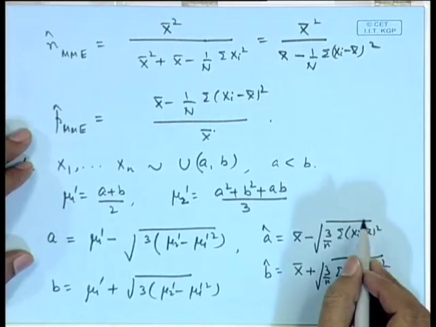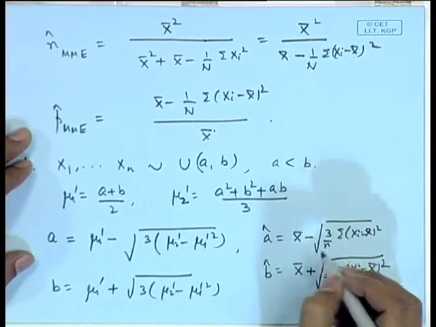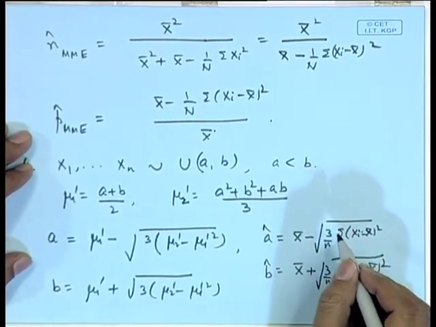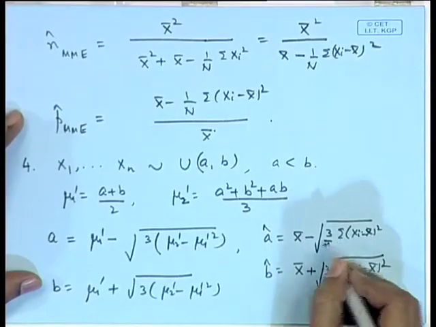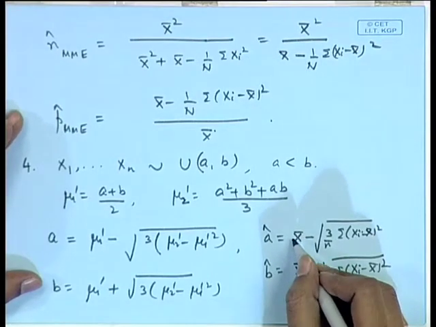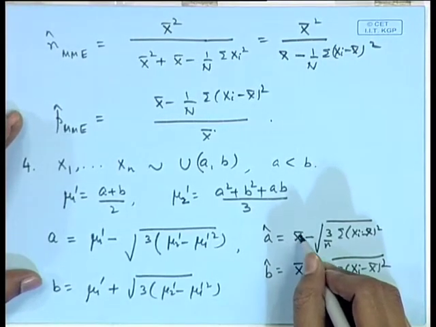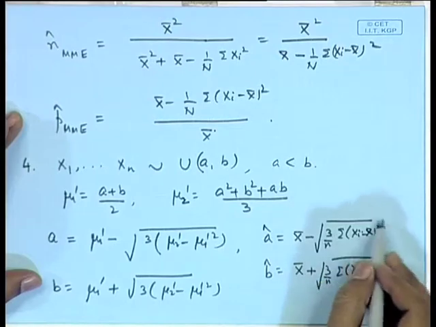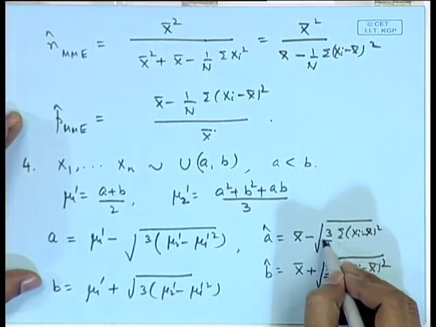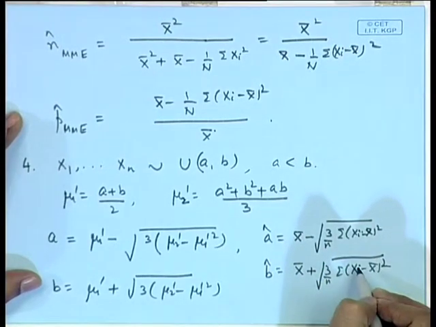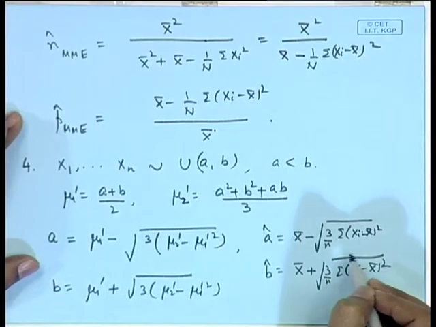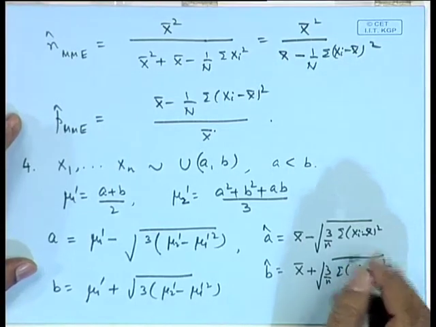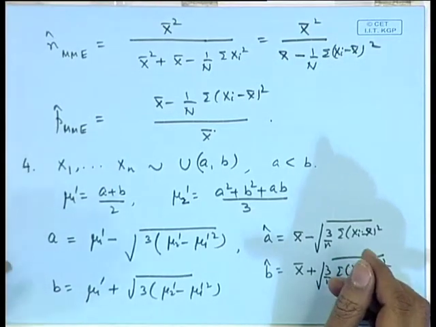So, in fact, you can see that many times the form of the method of moments estimators may not be very convenient to handle. In fact, again if I ask here to check the unbiasedness, expectation of x bar may be a plus b by 2, but calculation of the expectation of this quantity is not that simple, and therefore, in general the method of moments estimator does not seem to give very nice looking estimates.